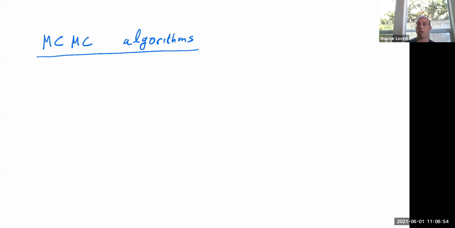The main challenge here was analyzing the mixing time of this random walk. So let me spend the next 5 minutes reminding you of what we did last time, and then we will see how to make progress beyond that. The example we saw was spanning trees.